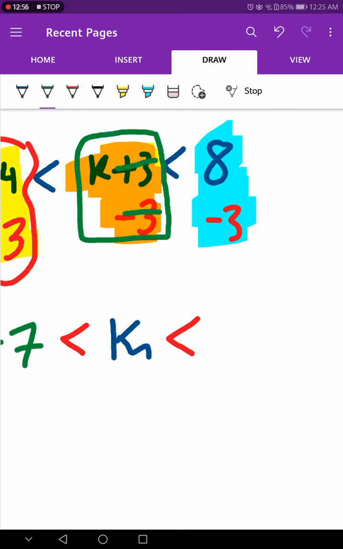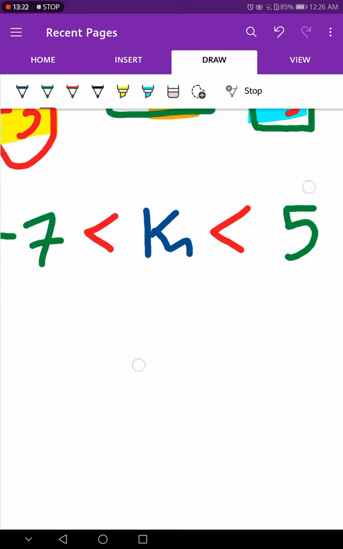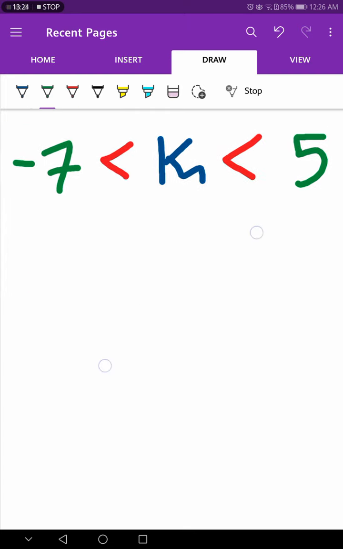And on the right, as you see, one is positive and the second one is negative, so the answer will be positive, which is 5, because I have 8 and the grocery wants 3 from me. I give him 3 from my 8, so I have 5 at the end.